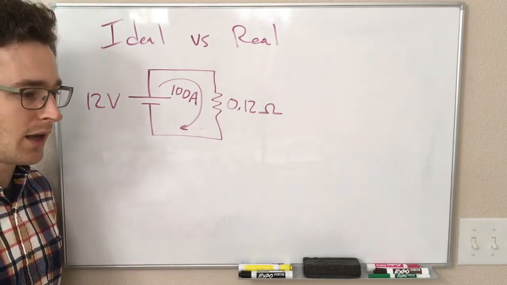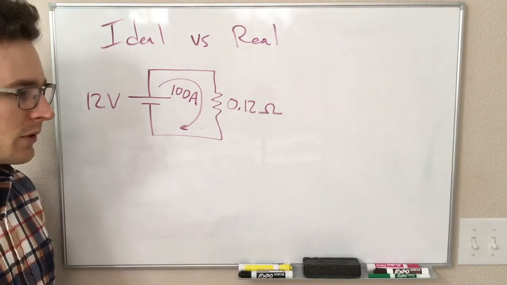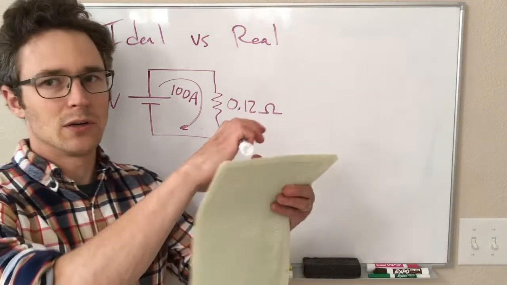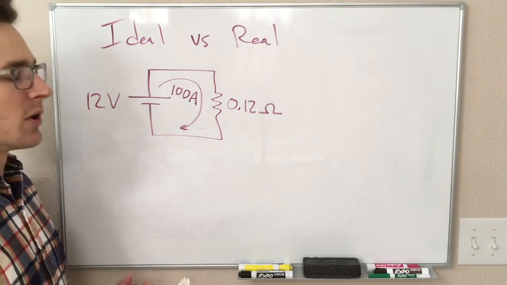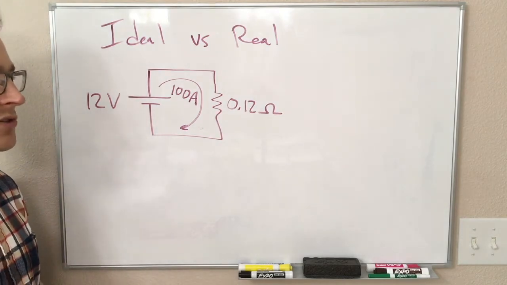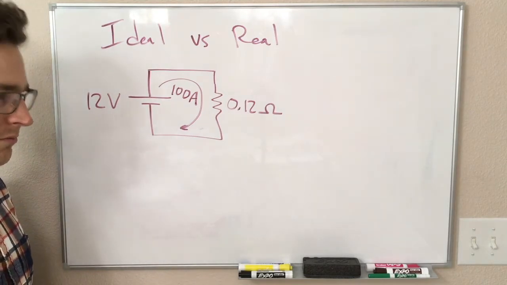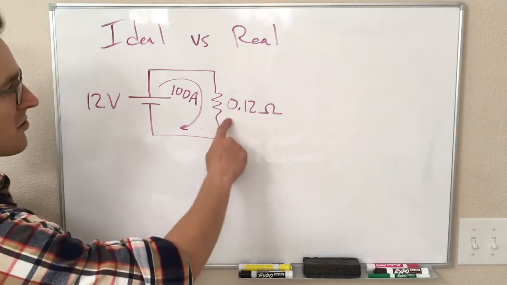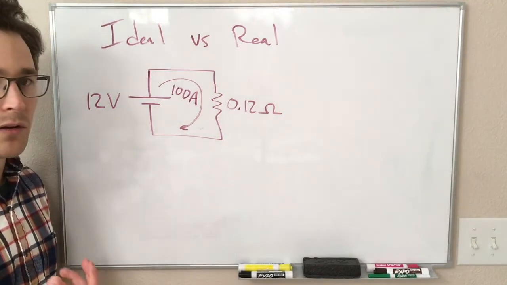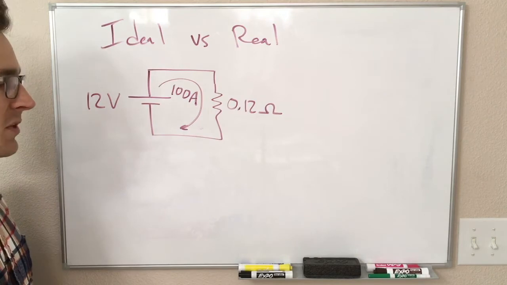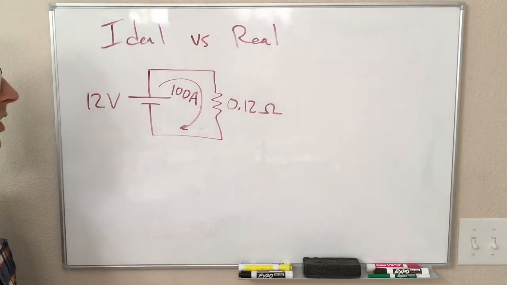So something like a small 12 volt, what they used to call lantern batteries, if you connected a big resistor to that and it only had to flow a little bit of current, it would be able to supply that current. But if you tried to put a small resistor on it like this, there is no way you get 100 amps out of that battery. And that is because of some internal constraints that we'll talk about in a second.